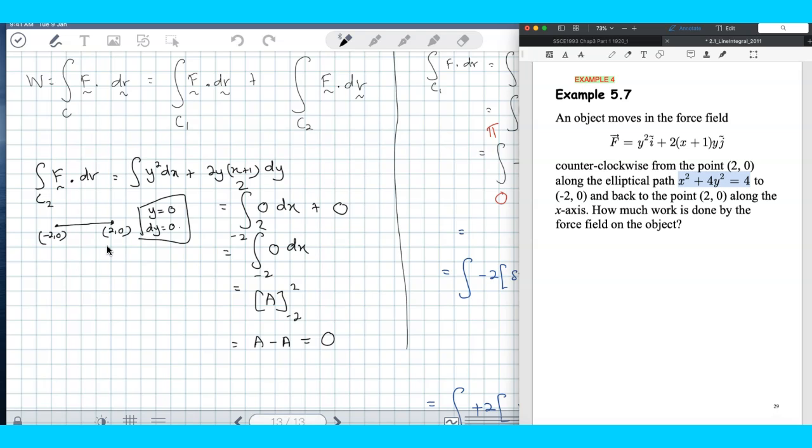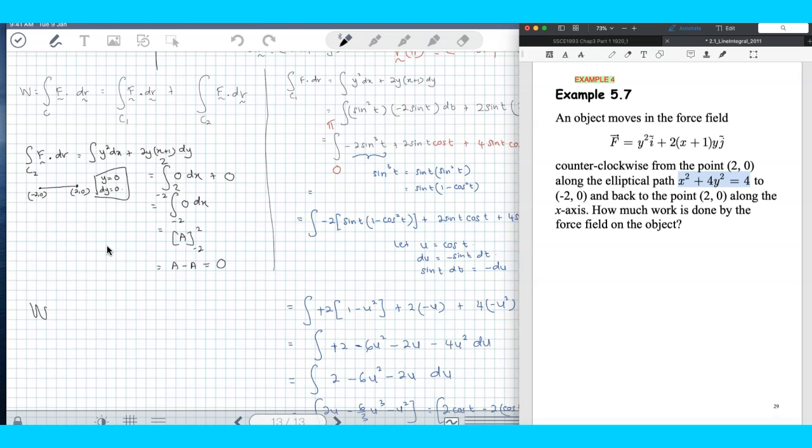So your work done along the C2 is also 0. So as a total, the total work done along the C, where C is the combination of the C1 and C2, for the given vector field, is 0.